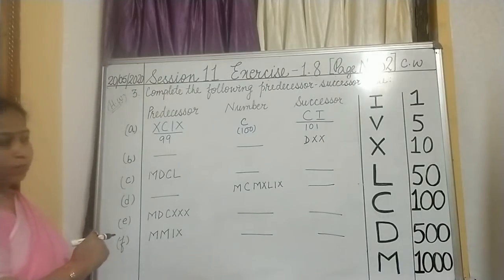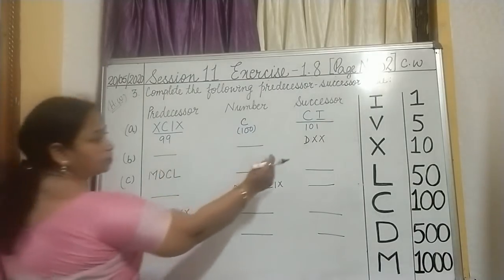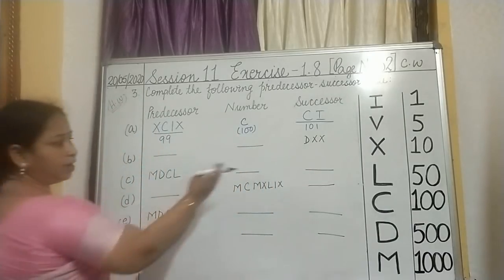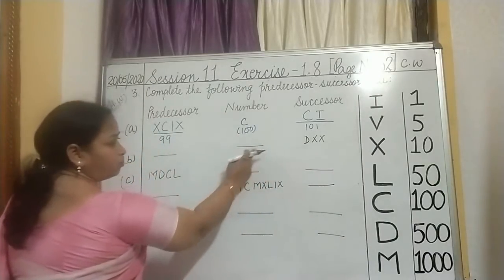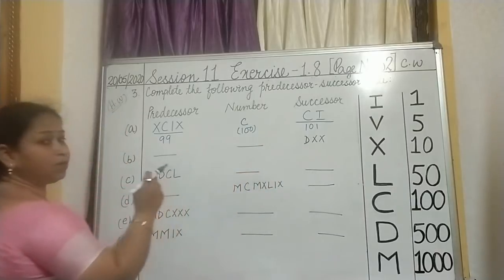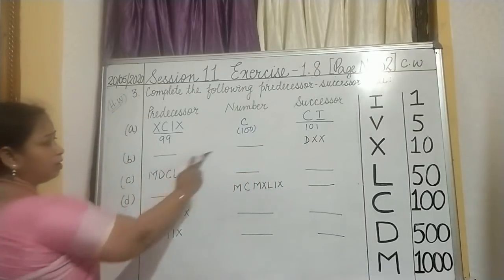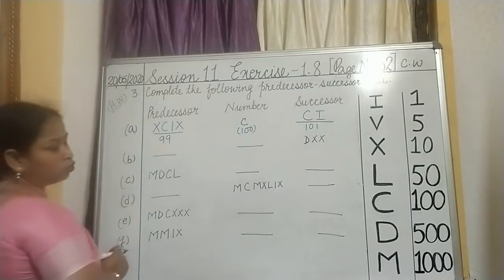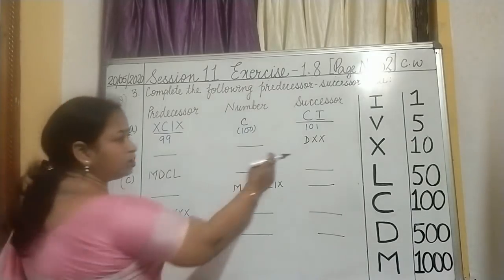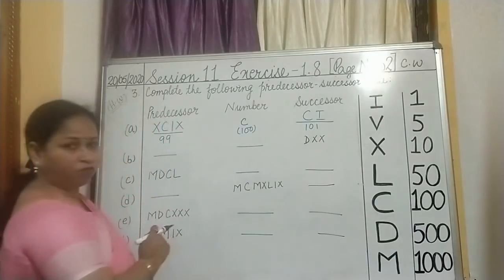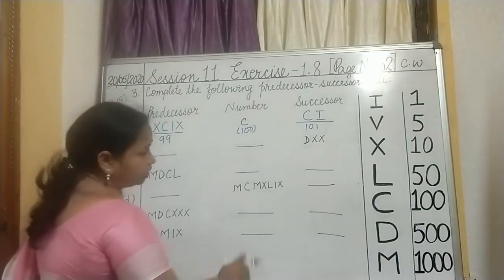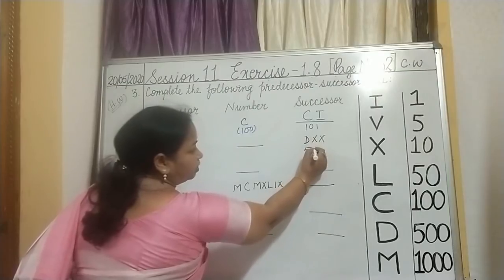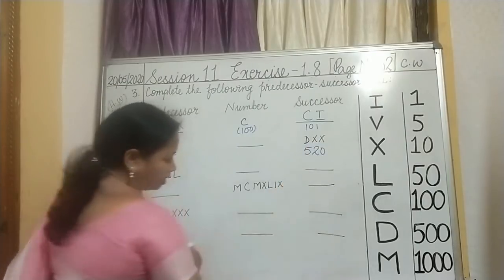Now question number B, the successor is given to you and you don't have the number over there. But as you can see, you have a blank before this number. That means we have to find out the predecessor. So let us first find out what DXX stands for. D stands for 500, XX stands for 20, it is 520.